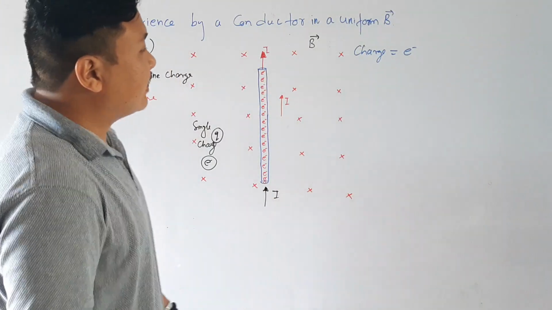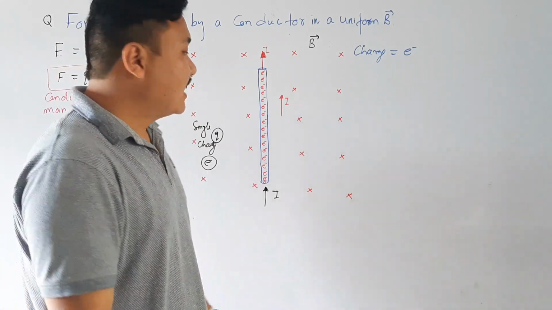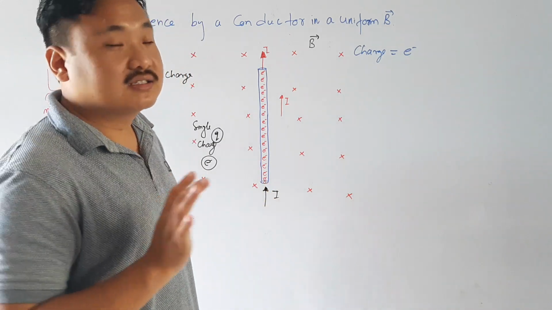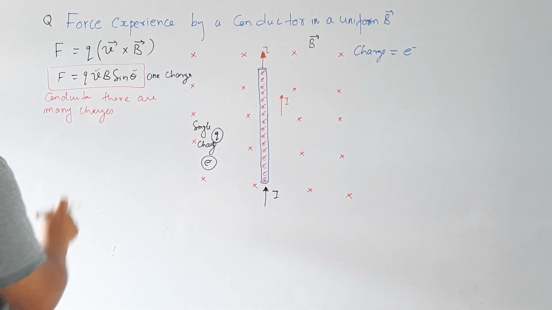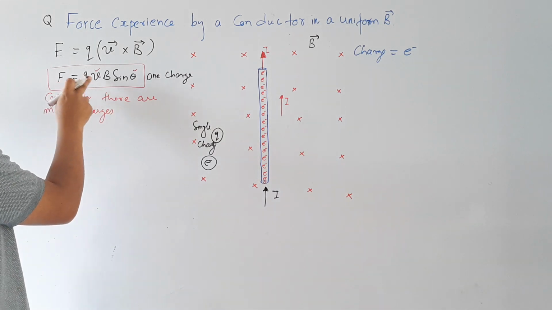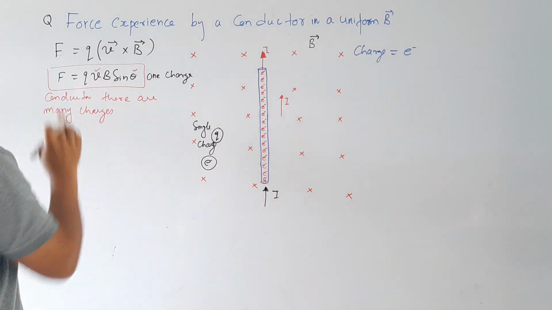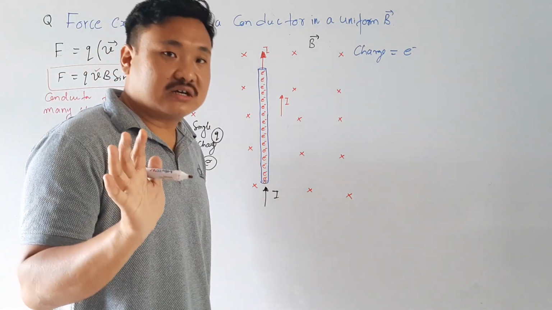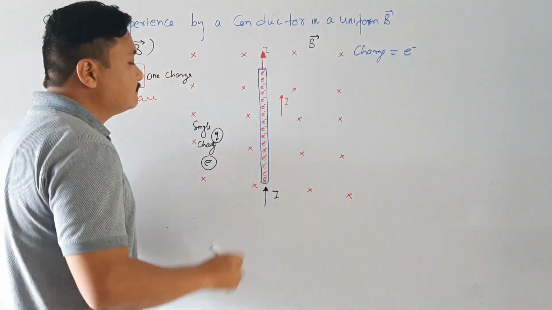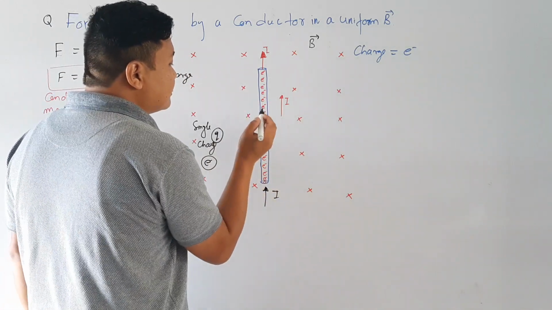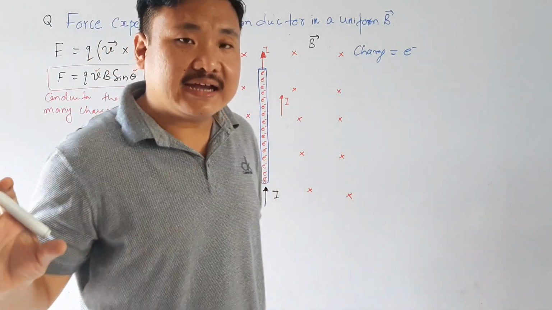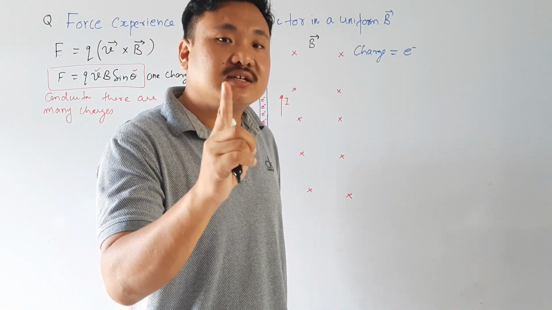Now let me find how much will be the force experienced by the conductor. Say you have charge, velocity, B, and sine theta. What is V? V is the velocity of charge. But here there are so many electrons, it is not a single charge.